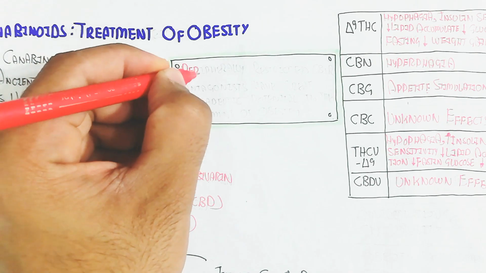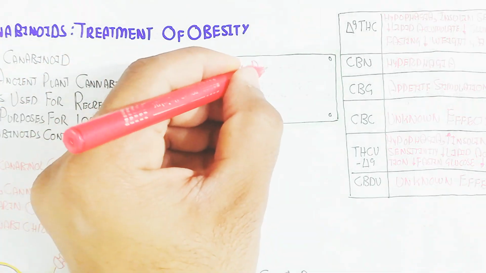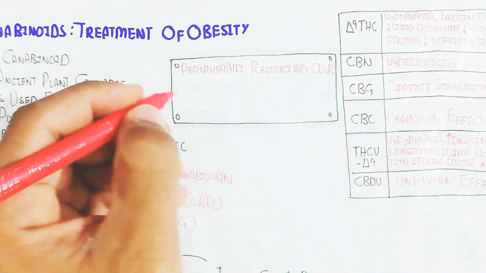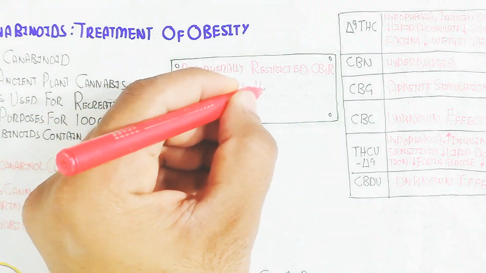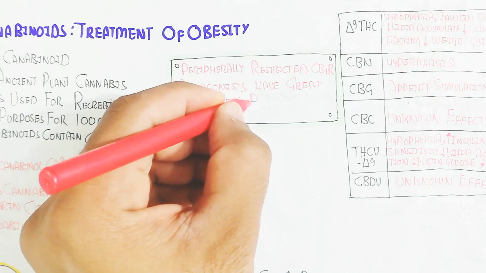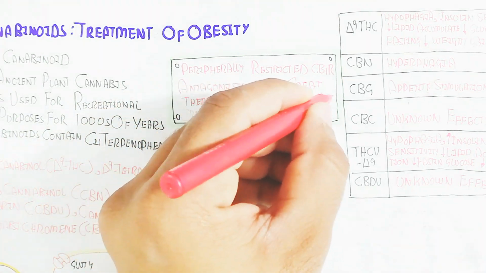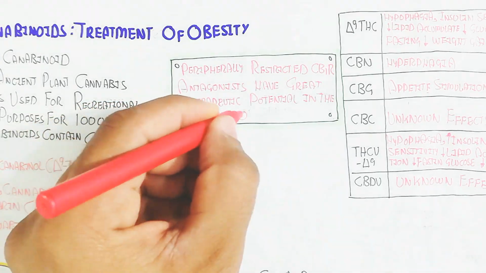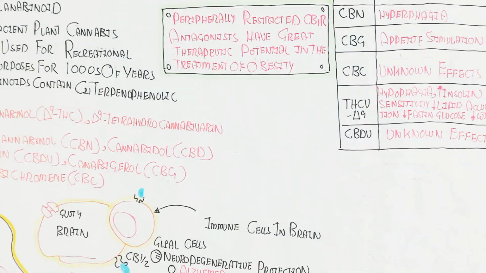CBDV is unknown. Peripherally restricted CB1 receptor antagonists have great therapeutic potential in the treatment of obesity, because excessive activity of the endocannabinoid system can even cause obesity.